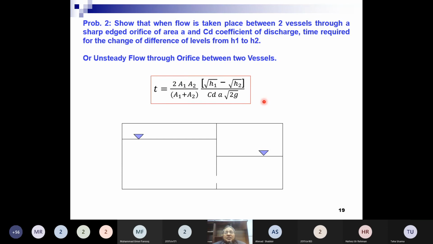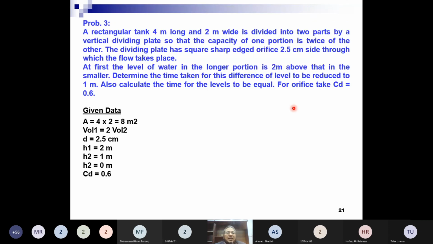But in this equation we need the value of H1 and H2 and area 1 and area 2. So do we have area 1 and area 2? We do not have. सिर्फ यही बताया है कि एक बड़ा टैंक था, its length was 4 meter, its width was 2 meter in plan, and then a vertical plate was inserted inside, जैसे 2 टैंक बन गए। लेकिन ये बताया कि इस तरह बनाए हैं कि एक टैंक का एरिया डबल है as compared to second tank.